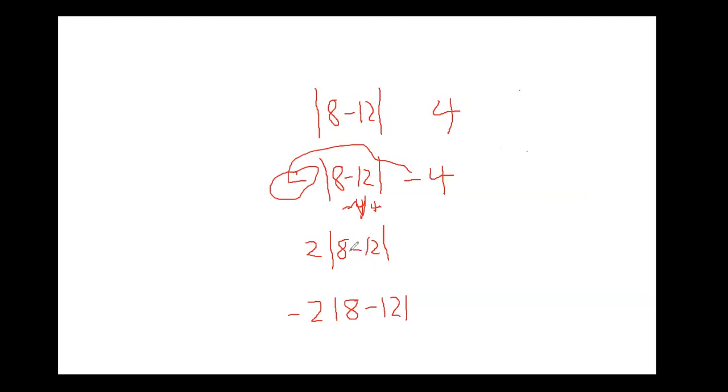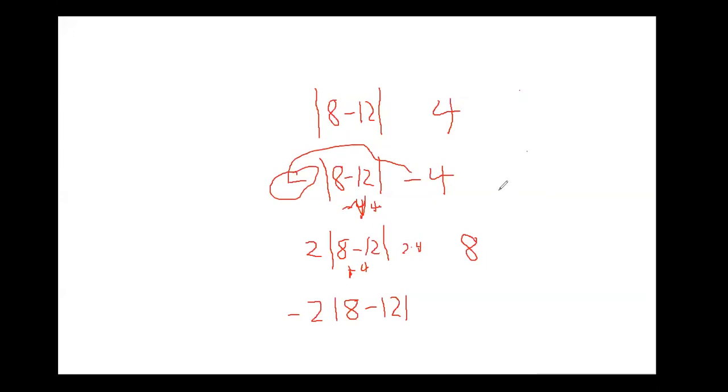Now, this one, 8 minus 12 is negative 4, but then because it's absolute value, you get rid of it, it becomes 4. So it becomes 2 times 4, which is 8. Okay, I think we had a lot of 8s.